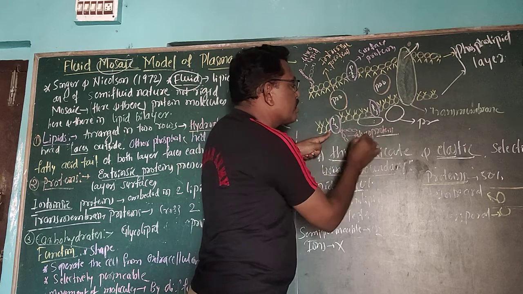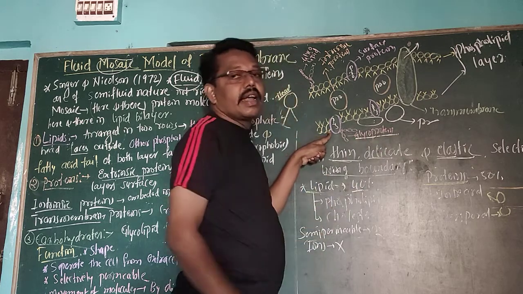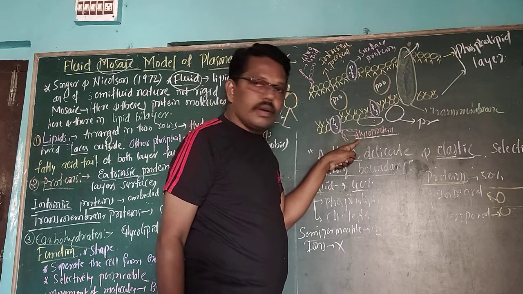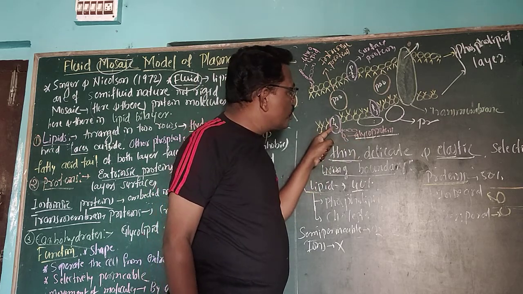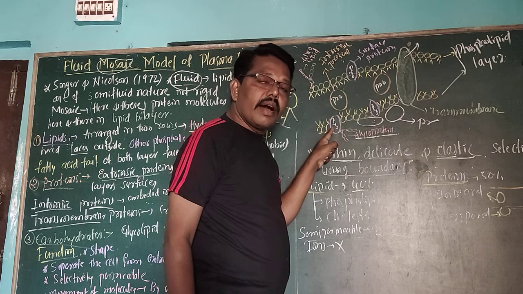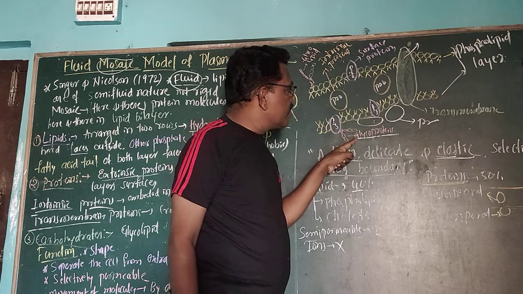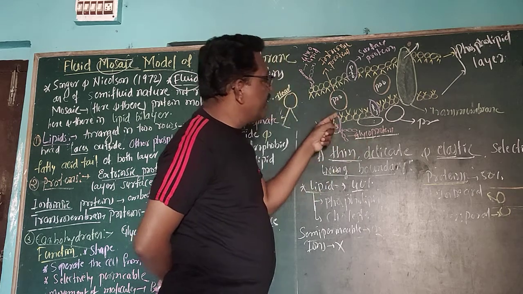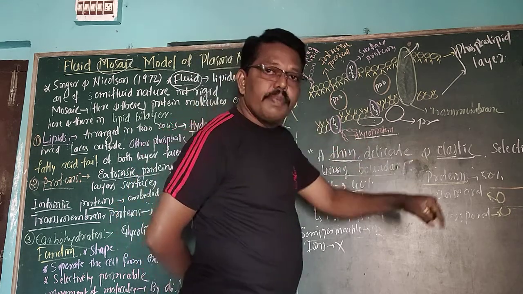Such carbohydrates are called glycoprotein. What do you mean by glycoprotein? Some carbohydrates which are attached with the protein molecule. Such type of carbohydrates are called glycoprotein. Then the next one, glycolipids.